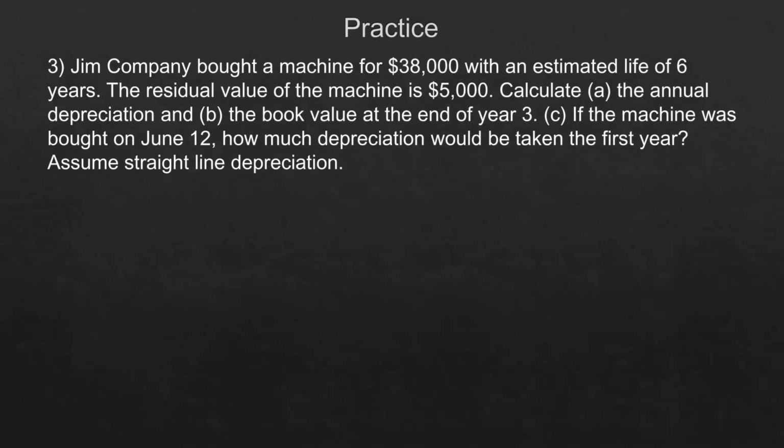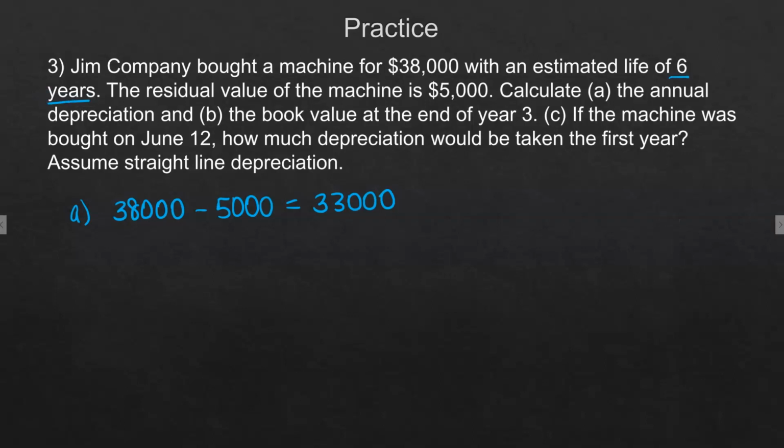Okay, so $38,000 was the initial cost, right? Our book value in the beginning. We're going to subtract the residual value, which gives us $33,000. Then we divide by the number of years for the useful life, which was 6.